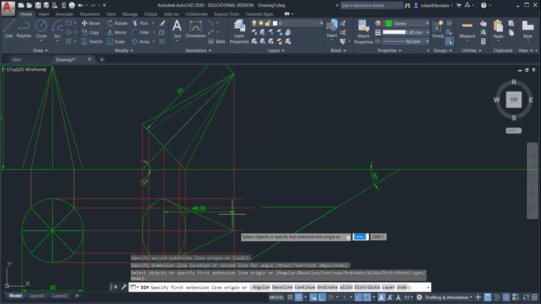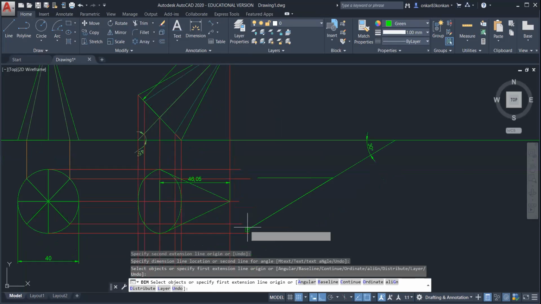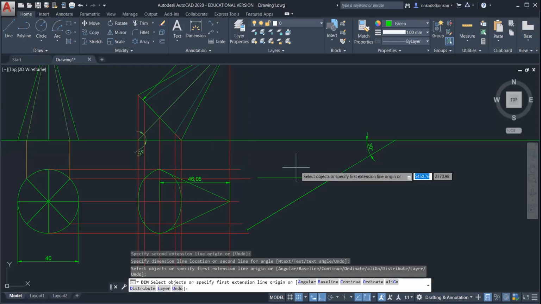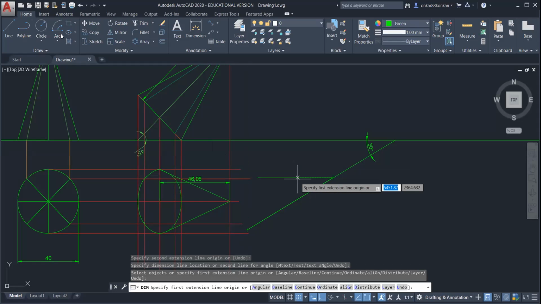Now fix this point. This length is equal to 65 mm. So you can fix this point, that is, take this as a center and draw the arc on this line, that is the locus line.